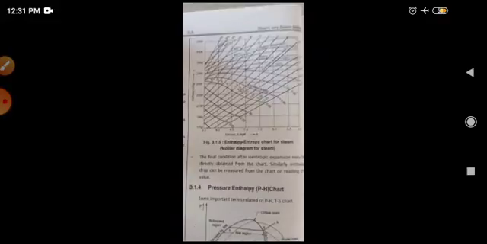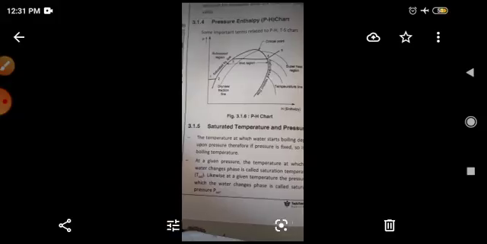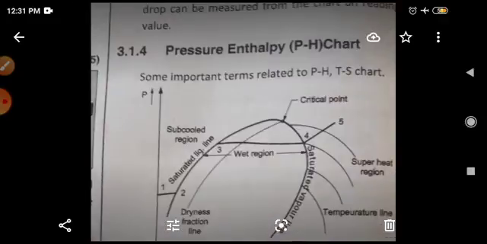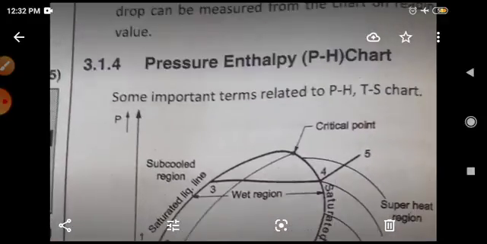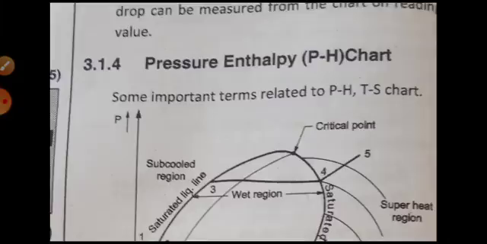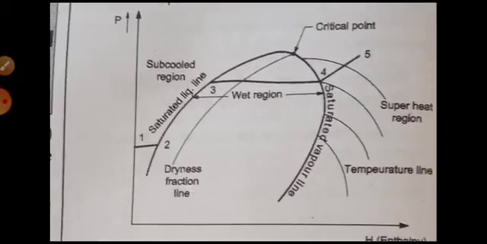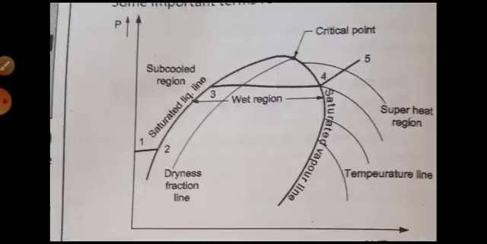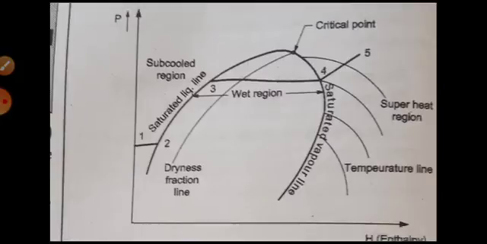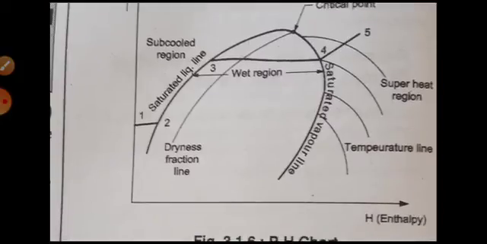The next chart is the pH chart, that is the pressure versus enthalpy diagram, shown on the screen. The pressure is on the y-axis and enthalpy is on the x-axis.